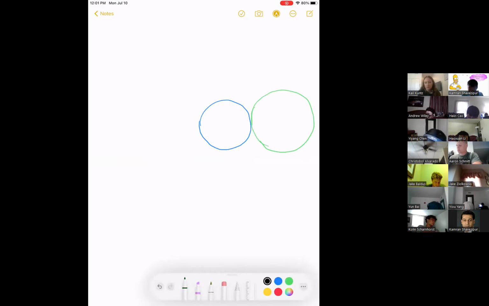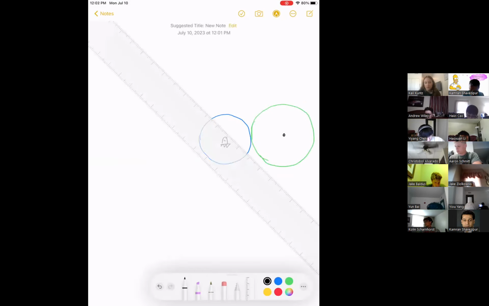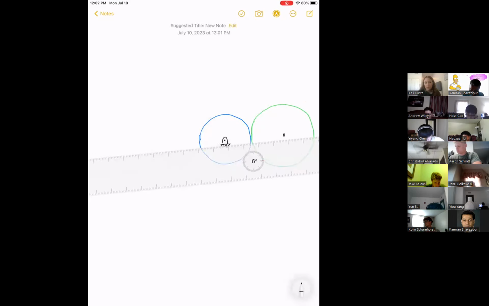Let's say this is the center for A, and this is the center for B. And then you have the link CD. Okay, let's just do it by hand. This is A, this is B, this is C, and this is D.